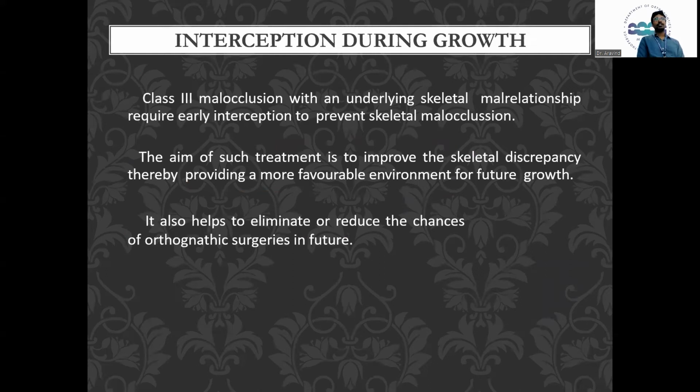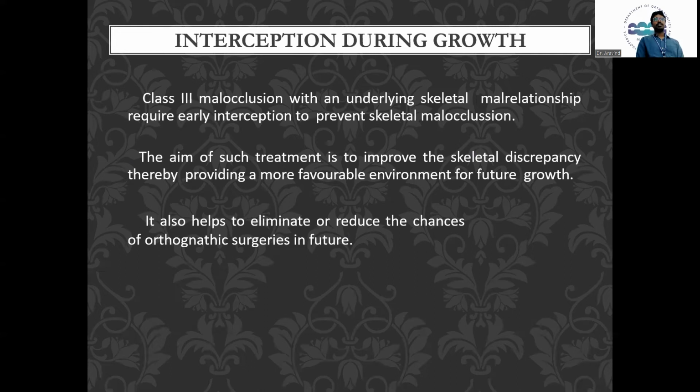So how do you intercept class 3 malocclusion during growth periods? During growth periods, early interception of class 3 malocclusion may be required to prevent it from worsening into a skeletal class 3 malocclusion, and further requirement of surgical procedures may be avoided.